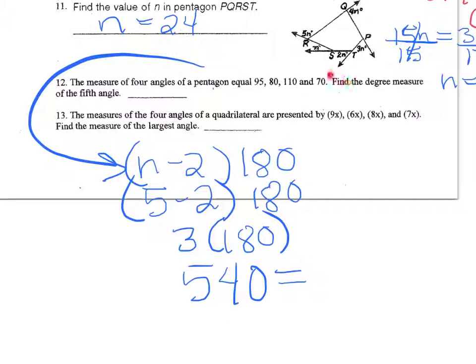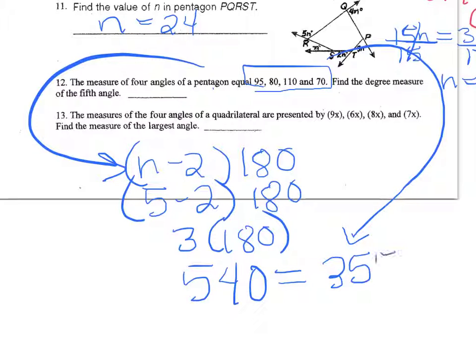So 540 should be equal to the sum of the angles. Let's add all of these angles. How much is 95 plus 80 plus 110 plus 70? 355. So I'm going to put 355 plus the 5th angle, which I'll call x.